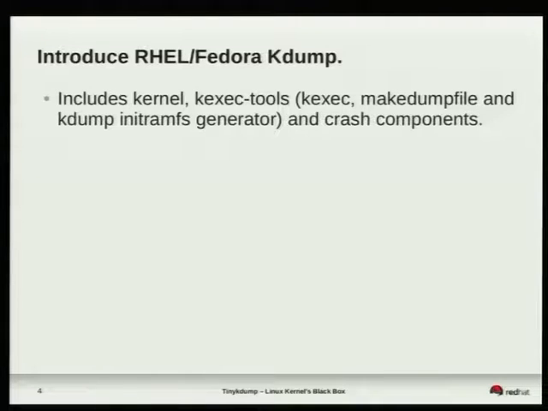It can get some of the addresses of the kernel memory and the kernel structures. That's really cool for finding out what's going on at the time of the kernel panic and finding the root cause.